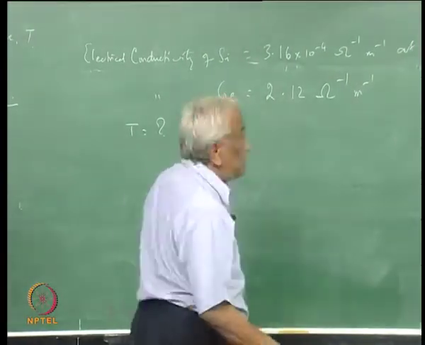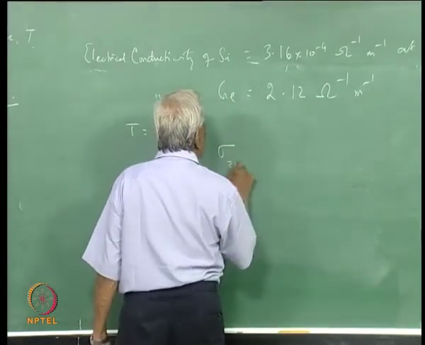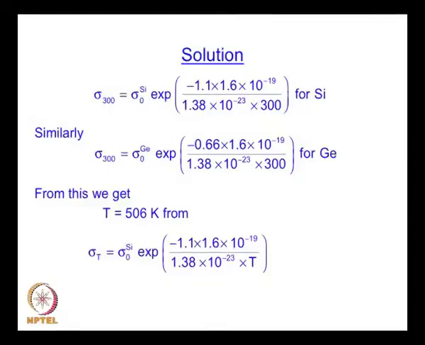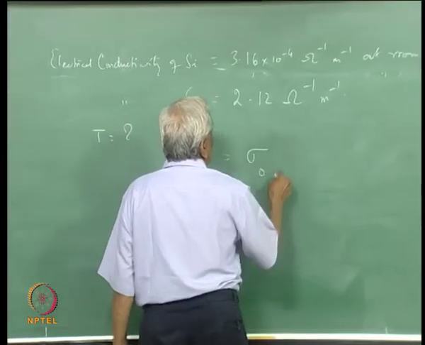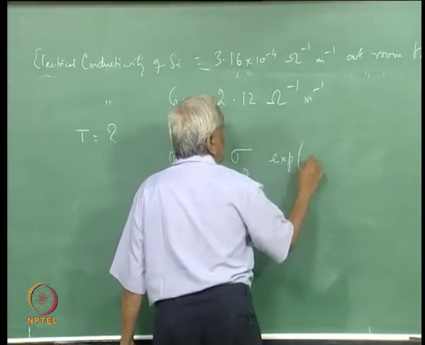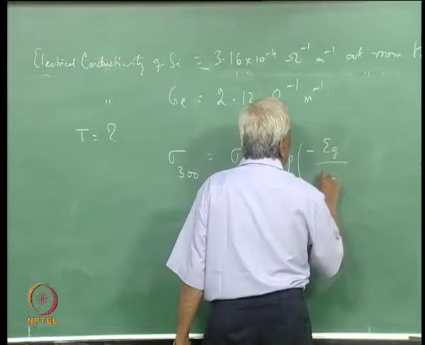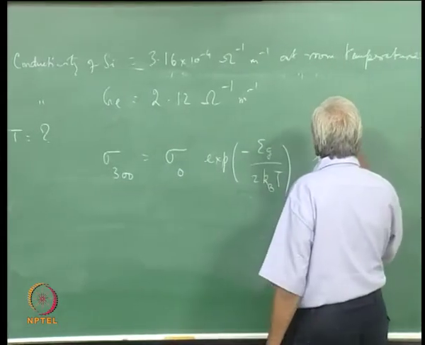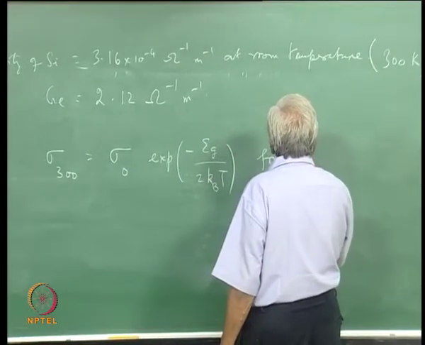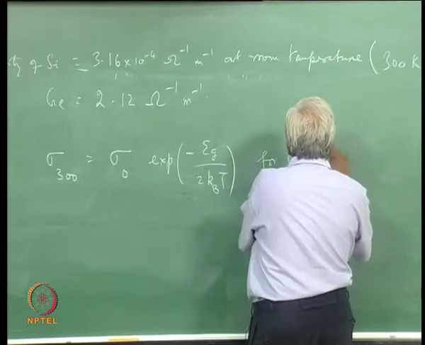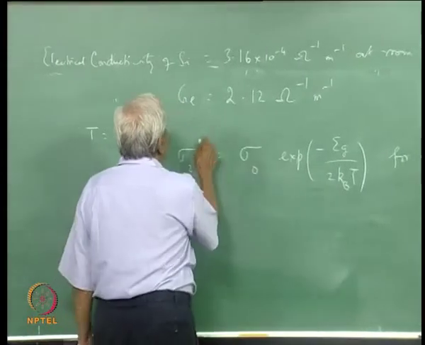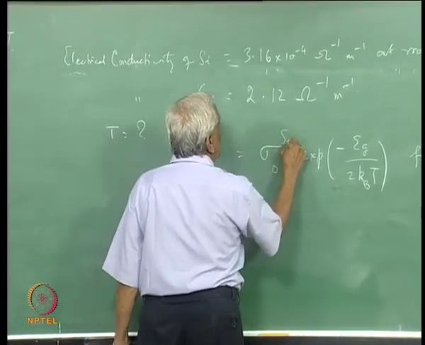So, we have sigma 300, we take this as 300 K, is sigma naught exponential minus E g by 2 k B T for both silicon as well as germanium. So, we can write it separately for the two.